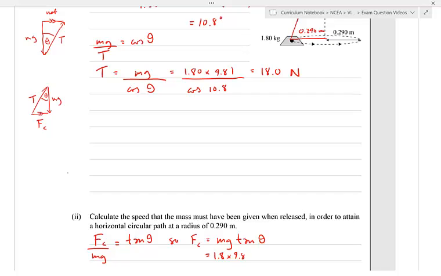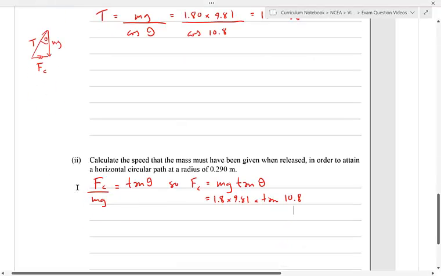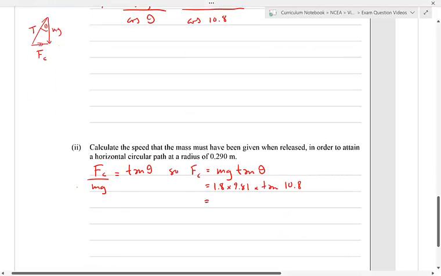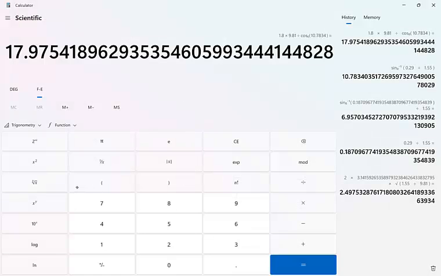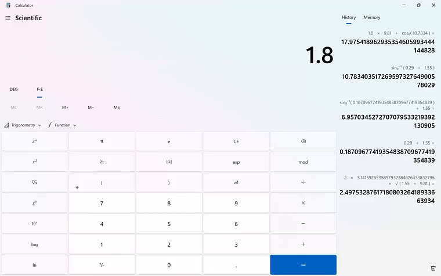Which is 1.8 times 9.81 times tan of 10.8. So 1.8 times 9.81 times tan of 10.7834.